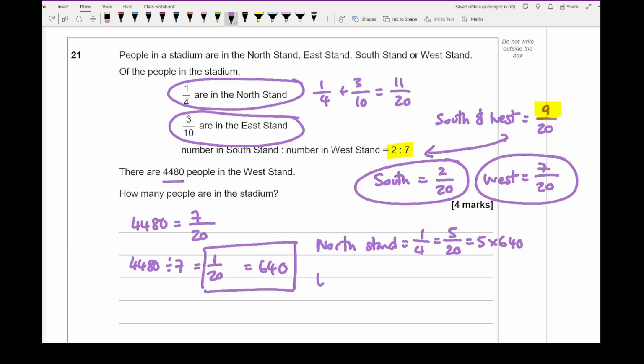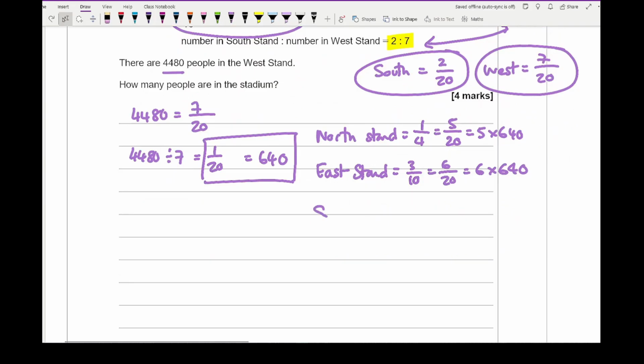The east stand is 3/10, which is 6/20, which is going to be 6 times 640. Then the south stand is 2/20, so that's going to be 2 lots of 640, and the west stand I know is 4,480.